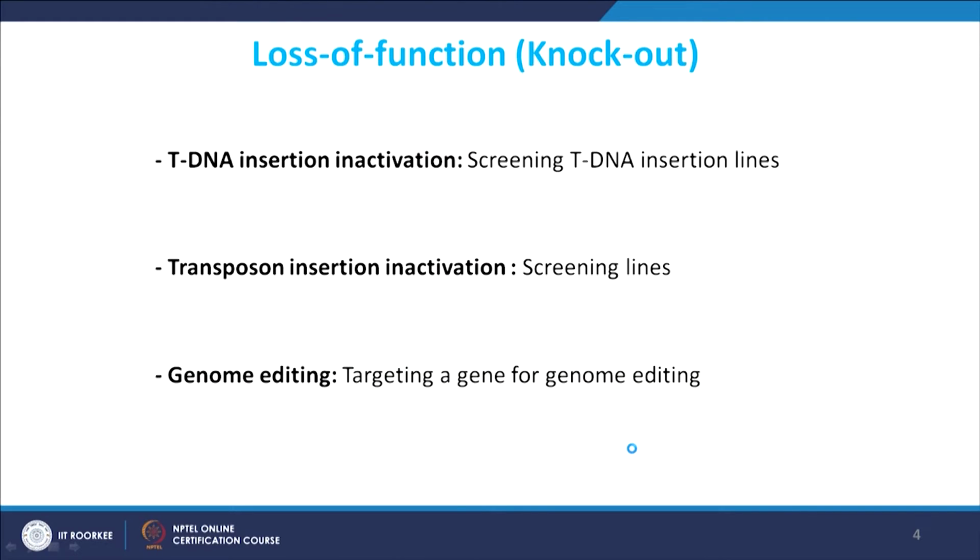But the difference between forward genetics and reverse genetics is that in forward genetics we were not fixing the gene, we were fixing the function, or the phenotype, or the biological process, and then trying to look for tDNA insertion lines or transposon insertion lines and map which gene it is.